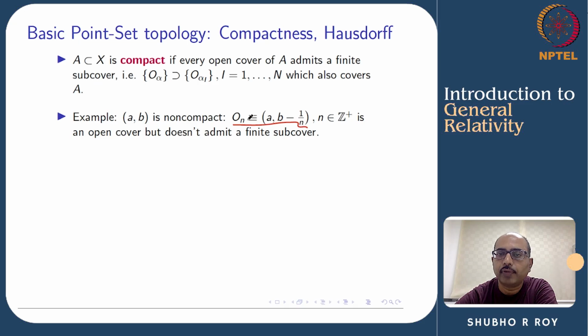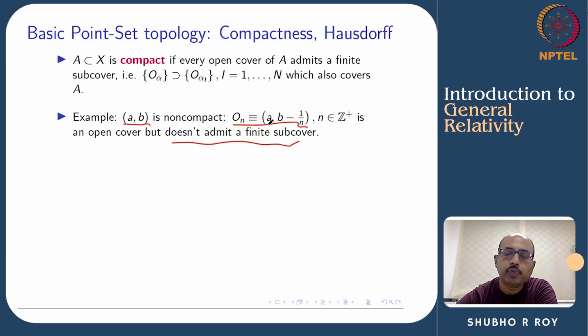So you have to take union of all of them all the way up to infinity, n equals infinity, in order to cover A comma B. If you stop at some finite value of n, then there'll be a gap left between B minus 1 over n and B, because this is a positive number. So it will not reach all the way to B. So this cover does not admit a finite subcover.